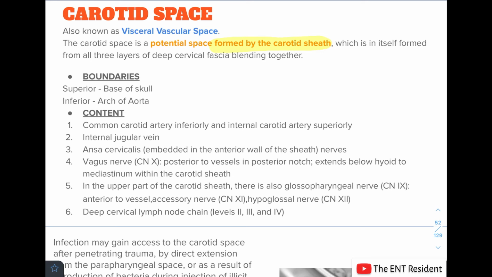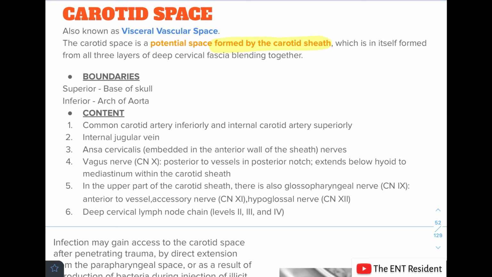Now the boundaries of the carotid space are: superiorly it is limited by the base of the skull and inferiorly by the arch of aorta. And this space contains the common carotid artery inferiorly and internal carotid artery superiorly, the internal jugular vein, the ansa cervicalis, which is embedded in the anterior wall of the sheath, and the vagus nerve, which lies posterior to the vessels in the posterior notch and extends below the hyoid to the mediastinum within the carotid sheath.